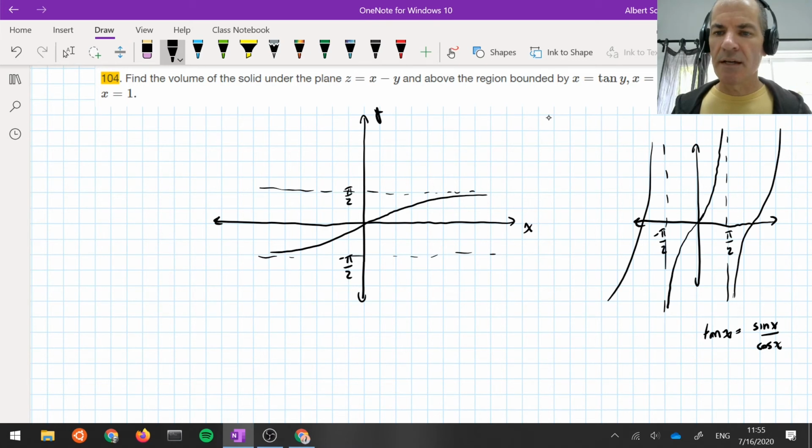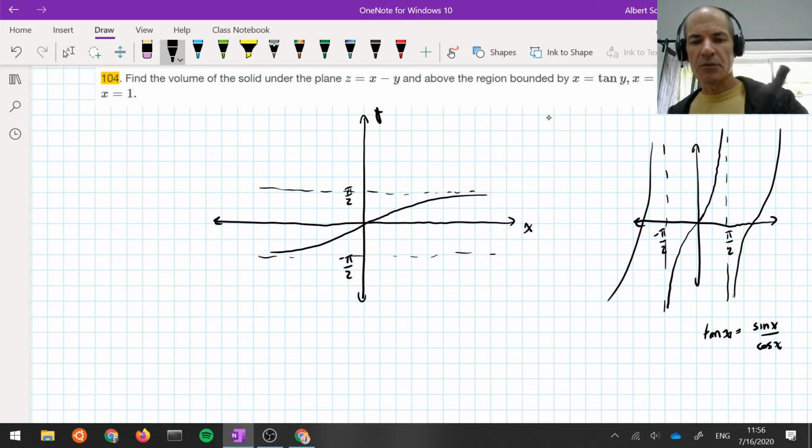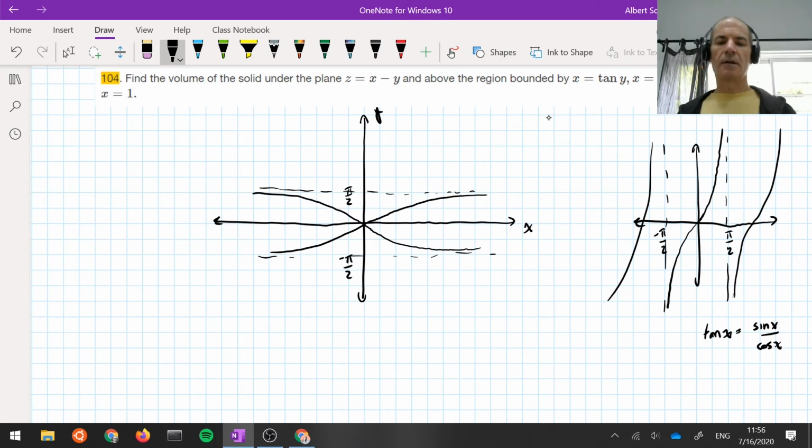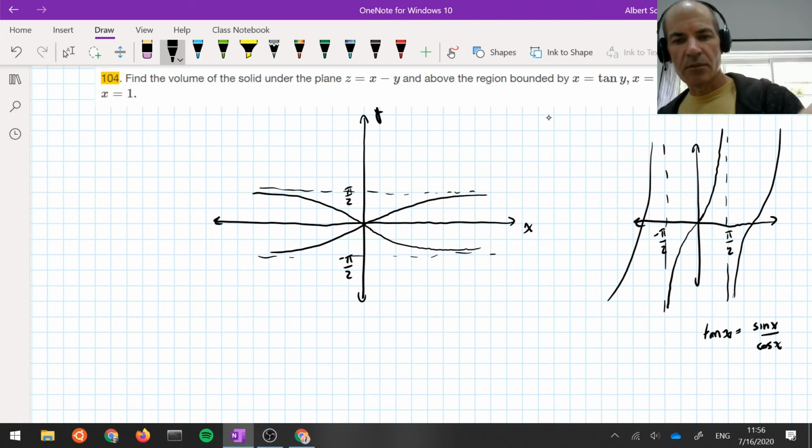And of course, x equals minus tangent of y is just the reflection of this curve over the x-axis. Oops. Be careful drawing these. All right. So just to remind everybody, the top curve is x equals tan y, and the bottom curve is x equals minus tan y.